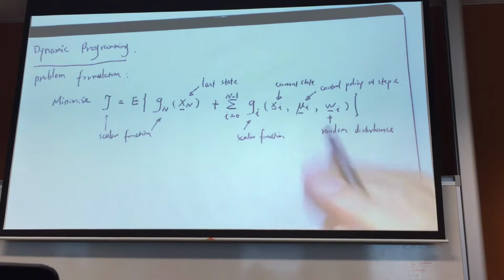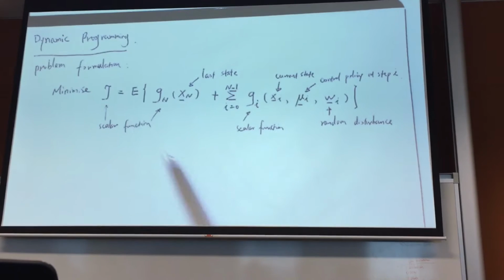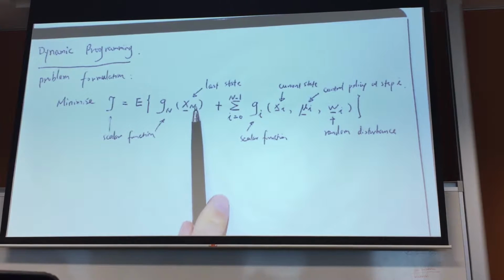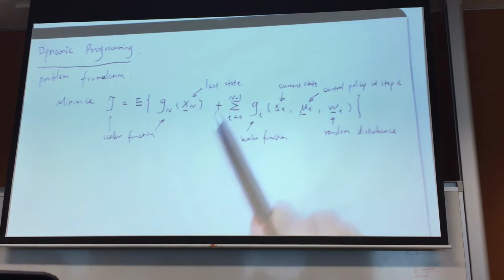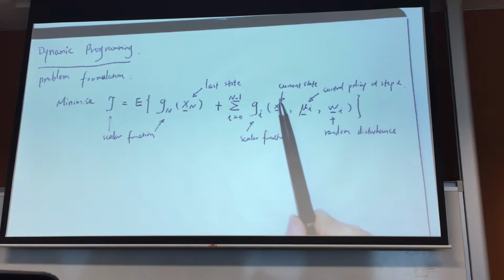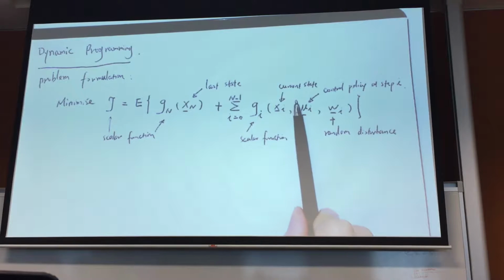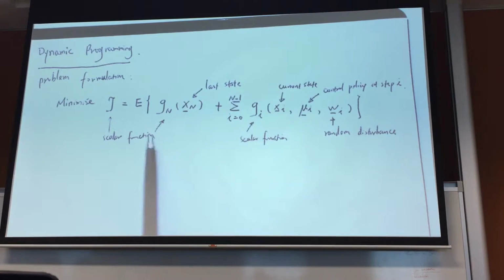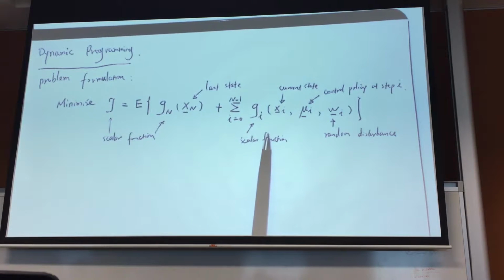So these are the cost function. So this cost function is quite similar to that we used in the calculus of variations. So we have the final state function, and we have the function to evaluate the states in between. And all the cost functions are scalar functions.